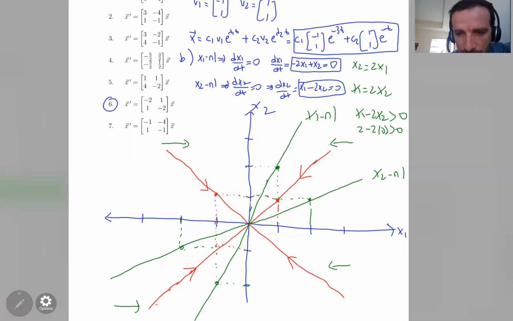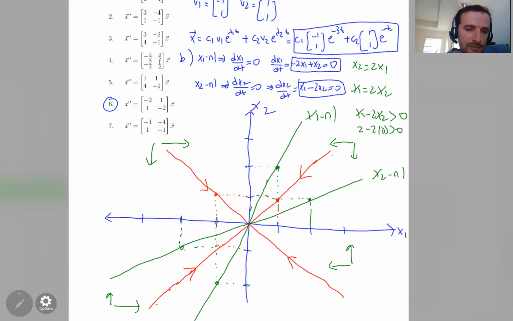Is this true? Yes, this is true, which means on this half plane it is positive, so the direction is upward, and here it is downwards. So we got all the arrows right here.